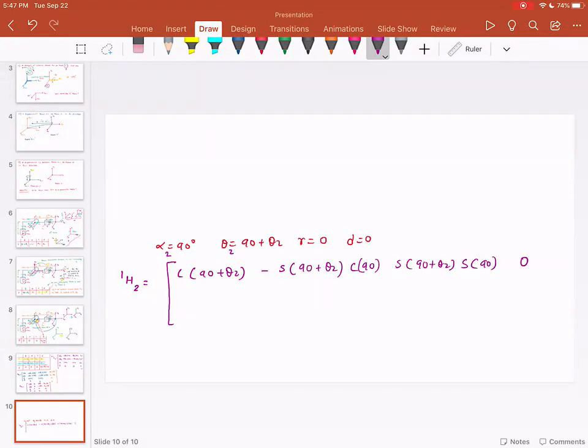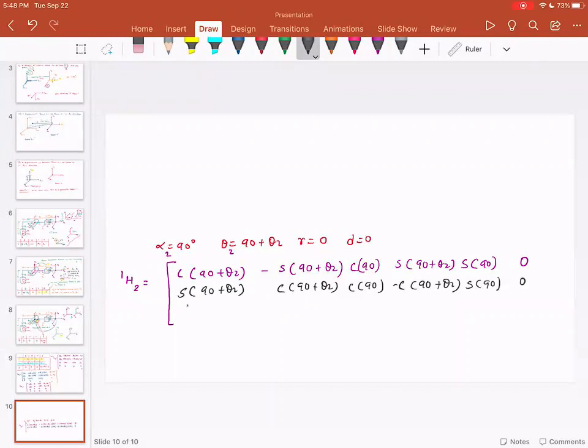The second row is going to be sine of 90 plus theta 2, then cosine of 90 plus theta 2 cosine of 90, minus cosine of 90 plus theta 2 sine of 90, and 0.